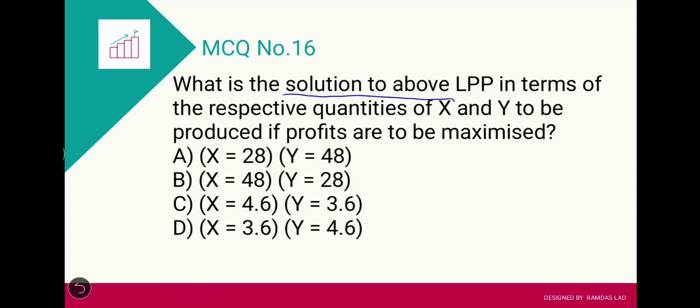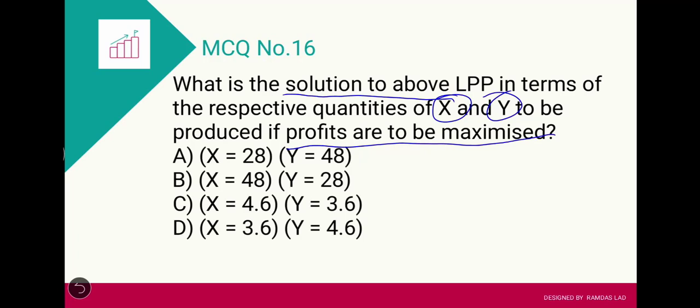So when you calculate the values of x and y, then you can get the answer to this question. Here our objective function is to maximize profit. For this objective function, what is the value of x and what is the value of y?